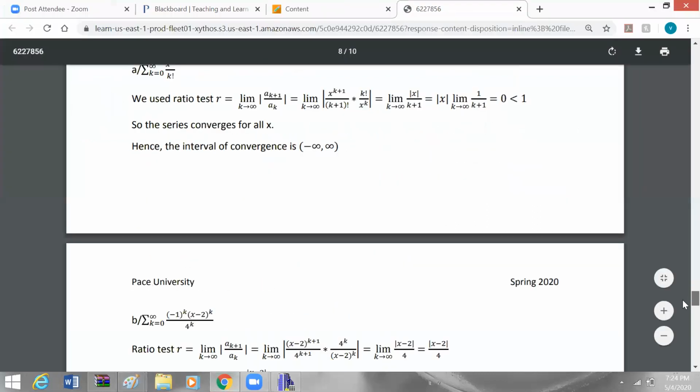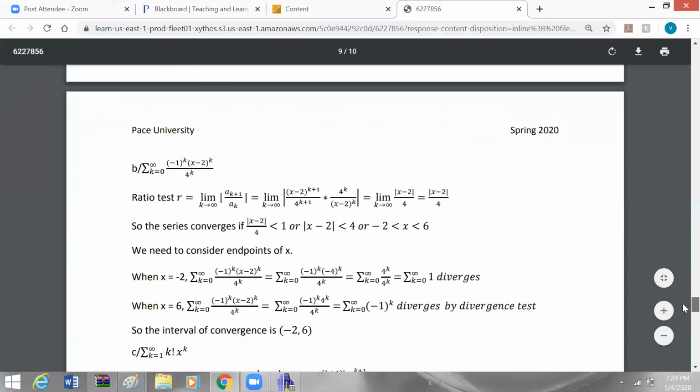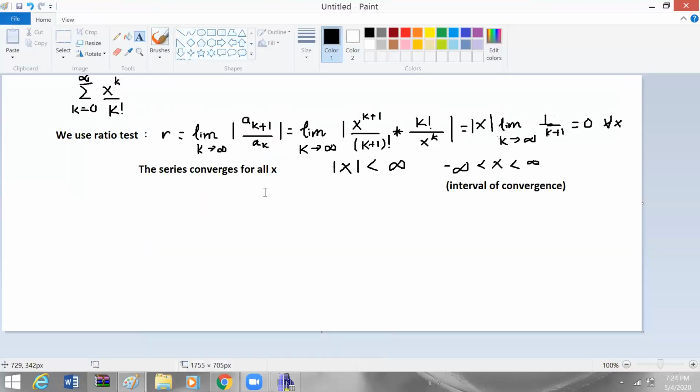So now we're going to take a look at another example, with the term x minus 2 over 4. And so part A, we're done for the whole lecture problem.